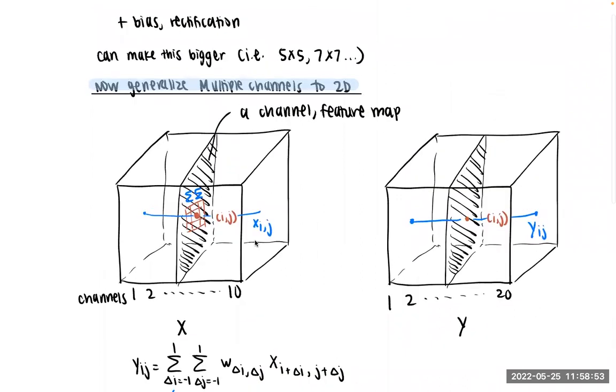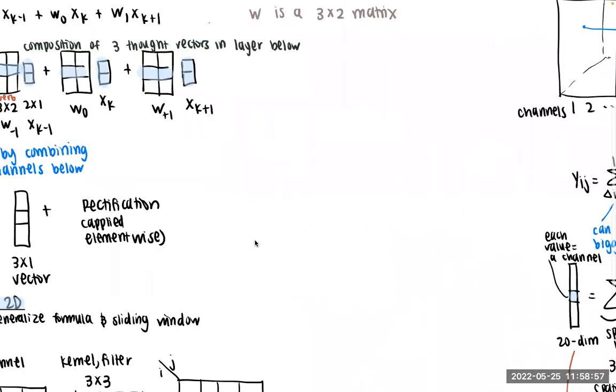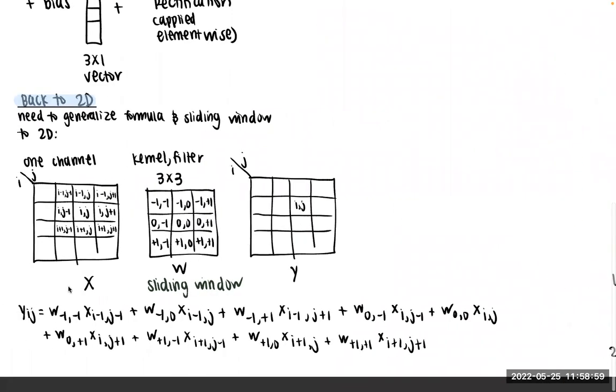And you can go back to the previous page, like here. So essentially, this is what we have. So for Yij, we now use the summation notation instead of writing out all those things. So it's a double sum, right? Delta I can be -1, 0, 1, and delta J can again be -1, 0, and 1. So in total, we have 3 by 3.